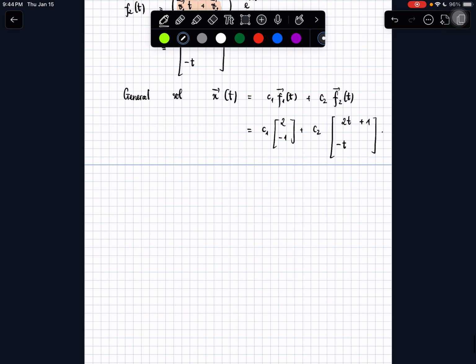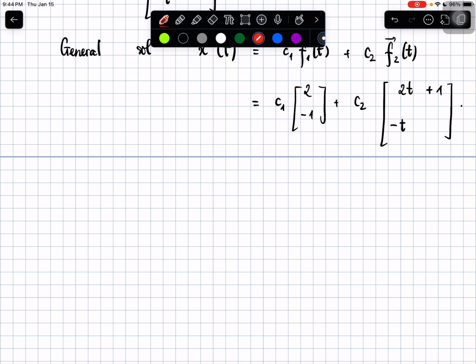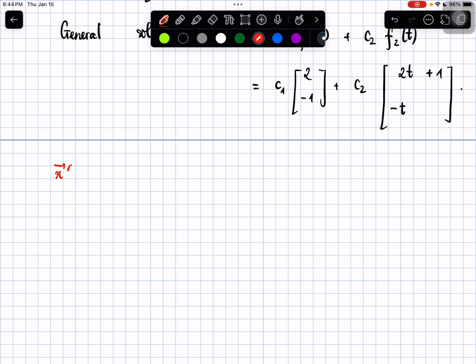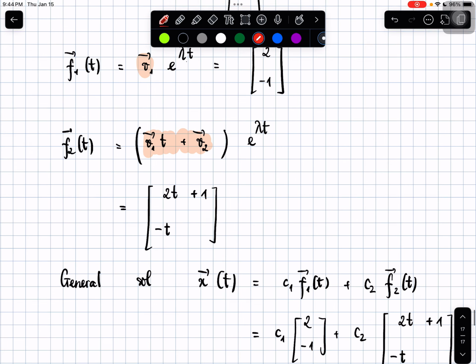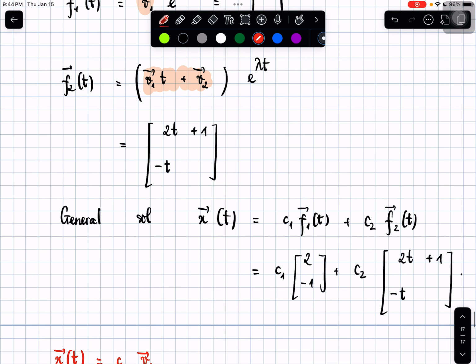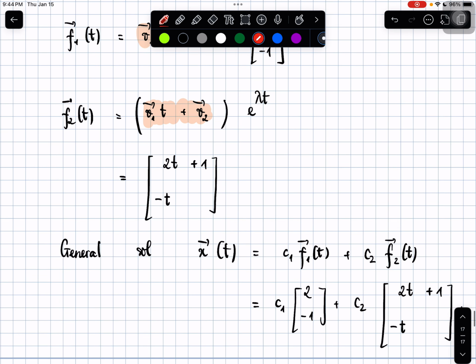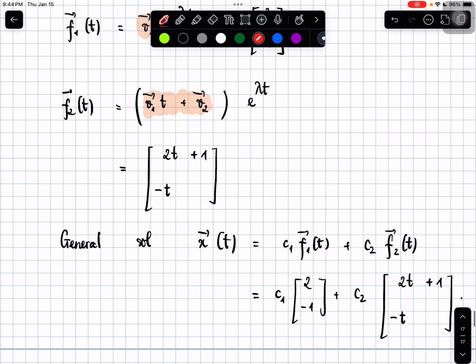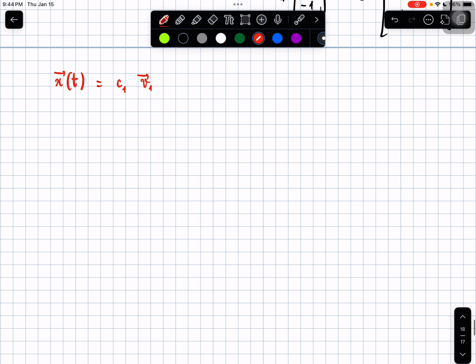In general, the formula with v1 and v2 would be x of t equals c1 f1 plus c2 f2, which is c1 v1 times 1, plus c2 times v1 t plus v2.